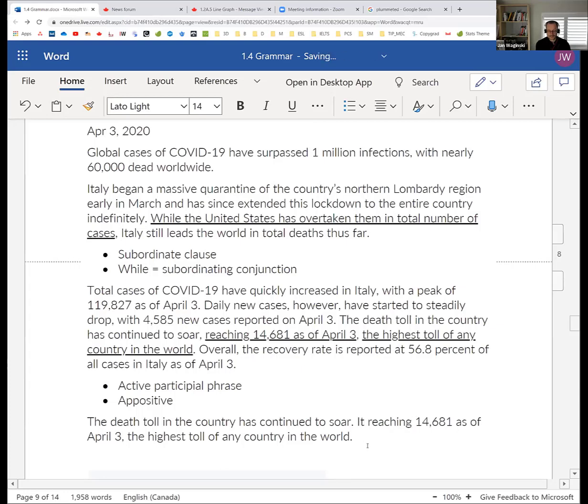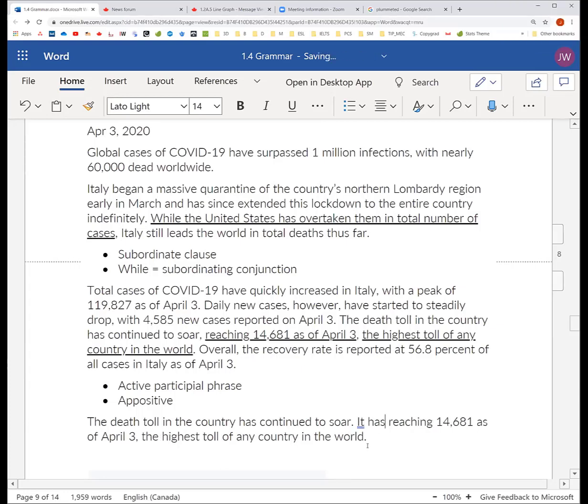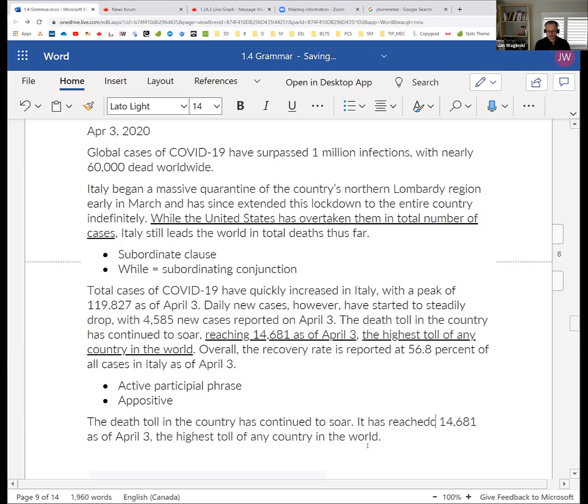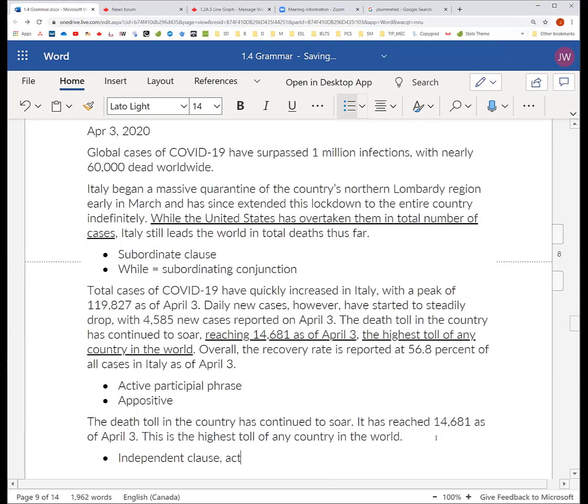It has reached. Good. Okay, so this is our simple sentence here. Very nice writing. Independent clause.